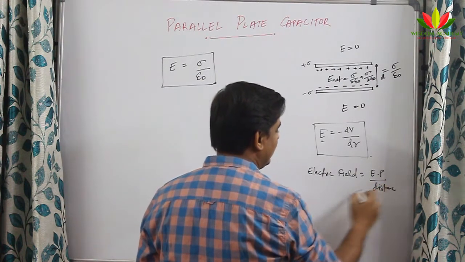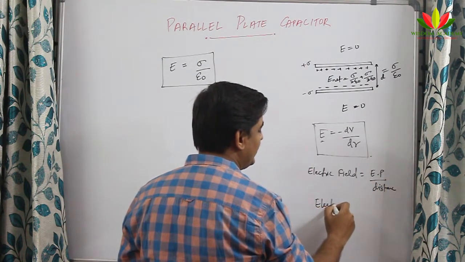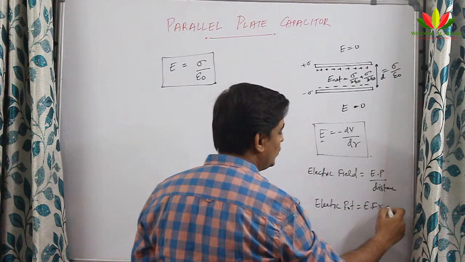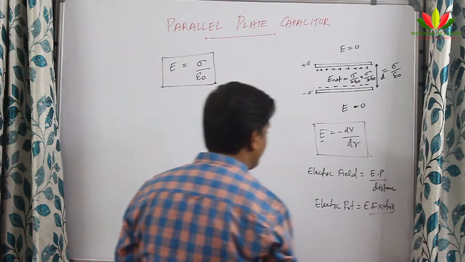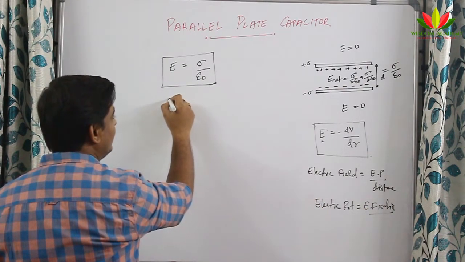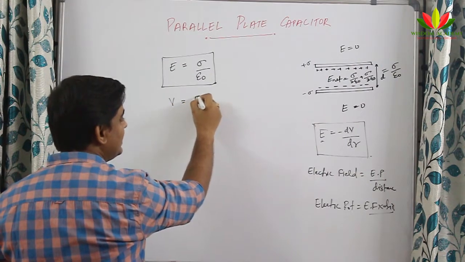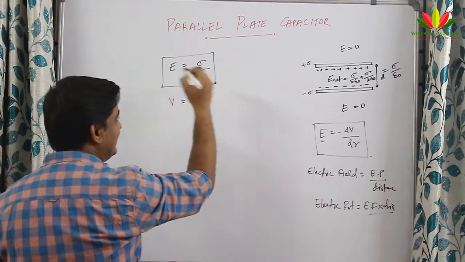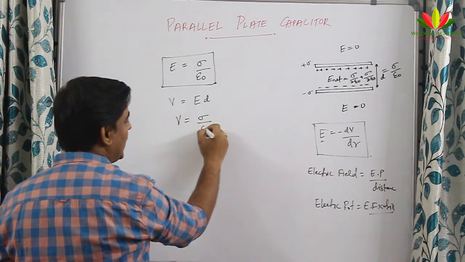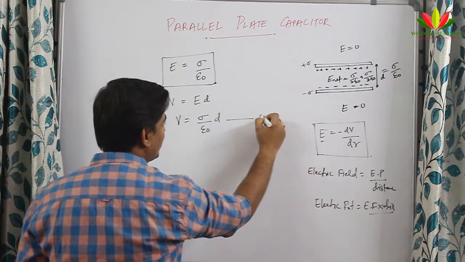So I can relate electric potential to be electric field into distance. So now electric potential, that is V, will be equal to E into the distance, here it is d. So we know that E is sigma by epsilon naught, so potential you get as sigma by epsilon naught into d. Let this be equation number 1.